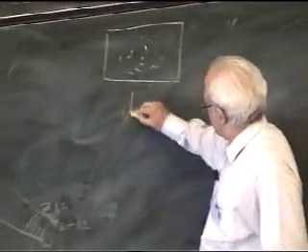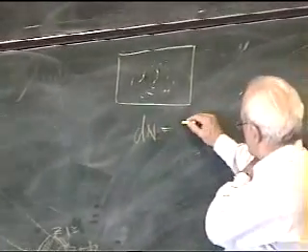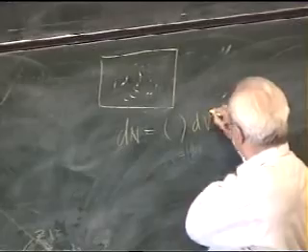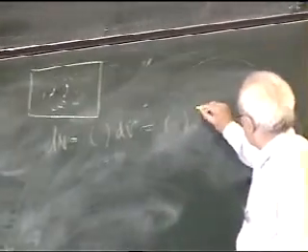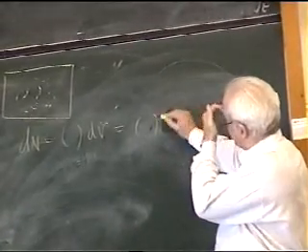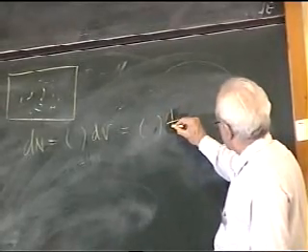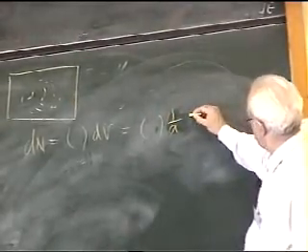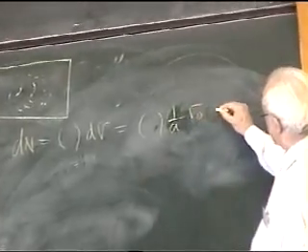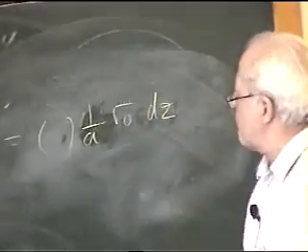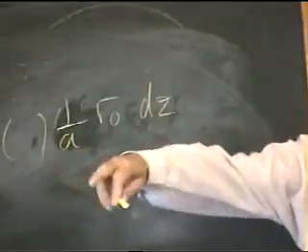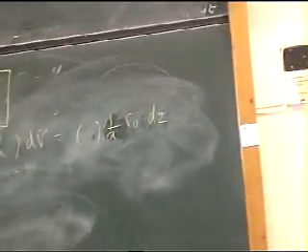And so what you can work out is dN is some function times dV, and then dV is minus, it's the redshift actually, the scale factor times the area distance times the increment in redshift. And the details are written down in those notes I've given you, so I'm not going to bother with those details now.